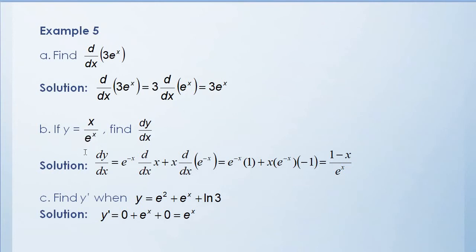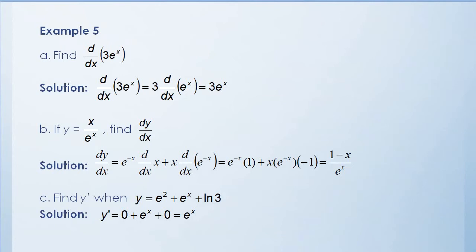If y equals x divide e^x, differentiate y, we know that 1 divide e^x is equal to e to the power negative x. So we will have y equals x multiply e^(-x).